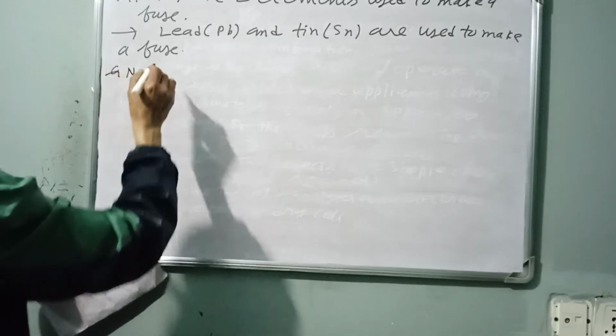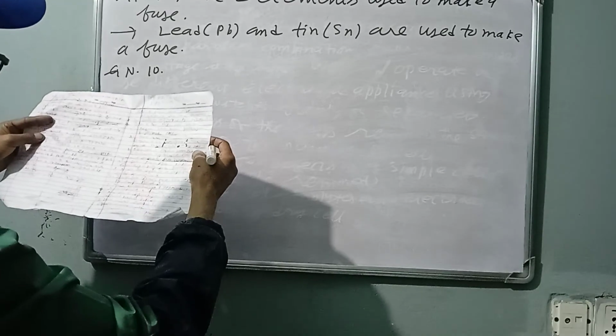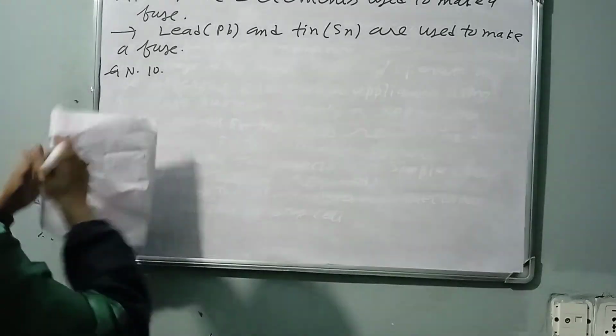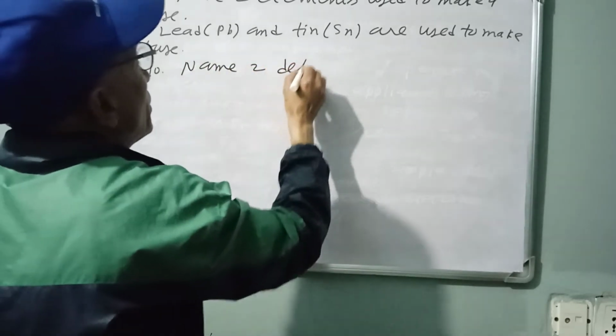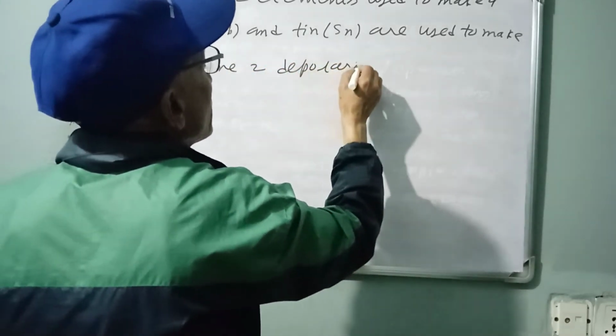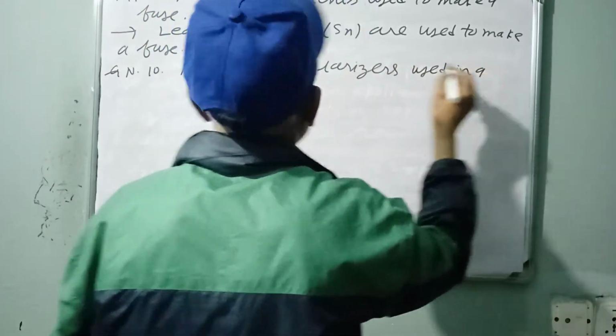Question number 10. Name two depolarizers used in a dry cell.